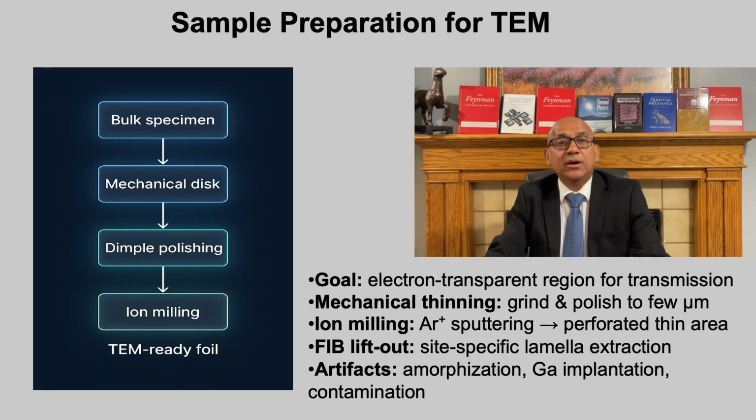TEM imaging demands samples that are extremely thin, typically less than 100 nanometers, so that electrons can transmit through them. The process usually begins with mechanical thinning, where bulk specimens are ground and polished down to a few micrometers. The goal here is to approach electron transparency without introducing scratches or strain. Next comes ion milling, where a beam of argon ions gently sputters away material.